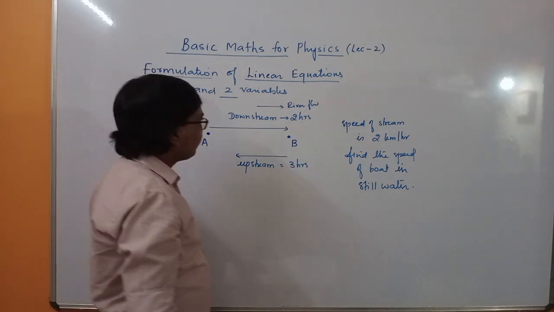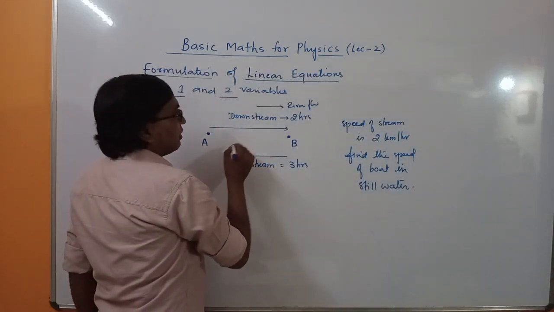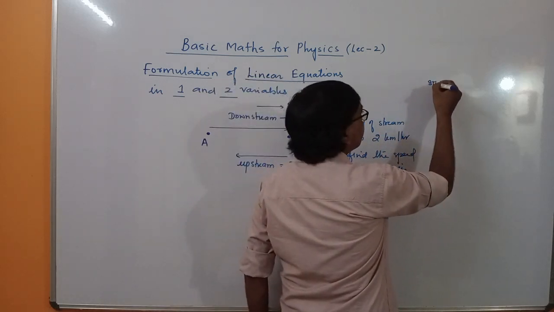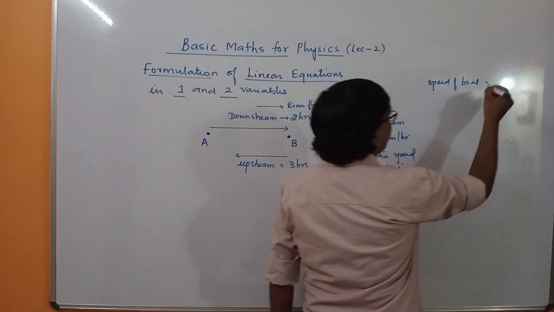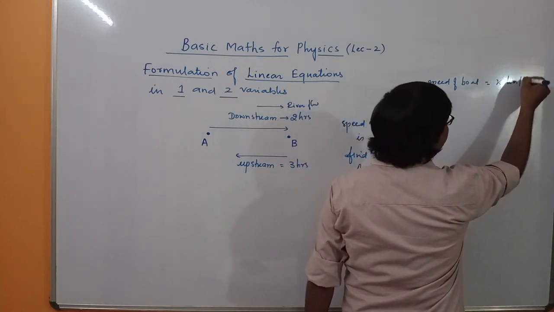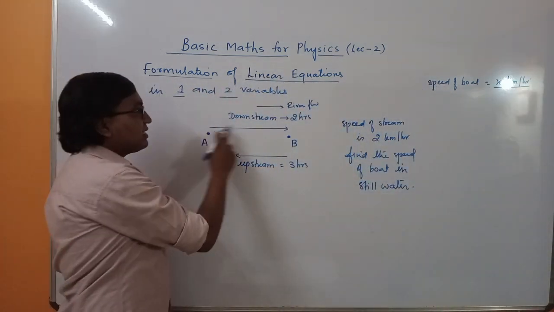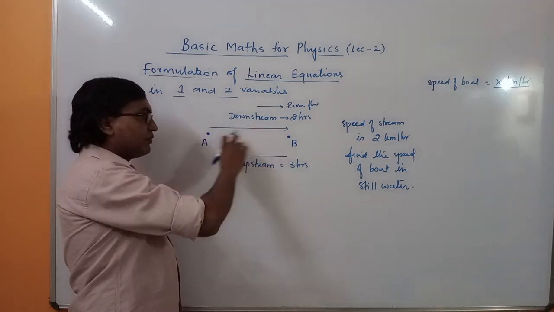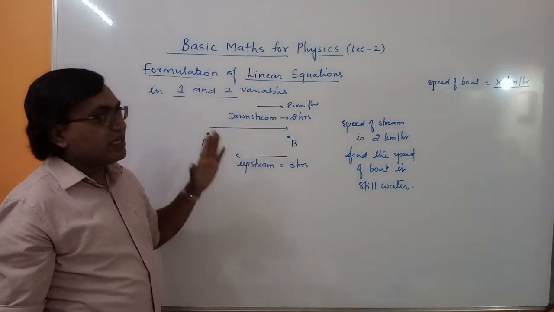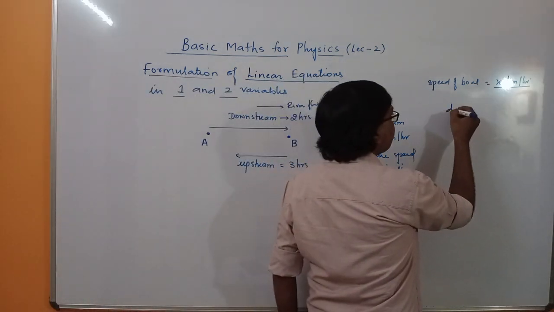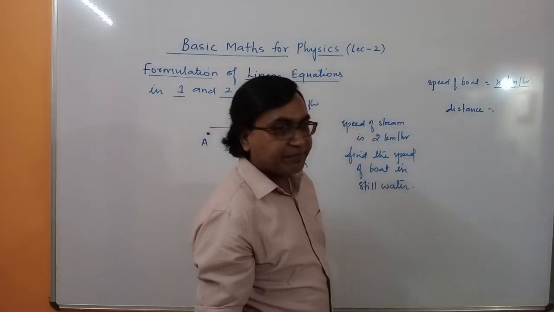So let us solve now. Let us assume the speed of the boat is x km per hour. One more thing: this distance is constant. While going downstream the distance is AB, and while going upstream the distance is also AB. Distance is given by speed into time.